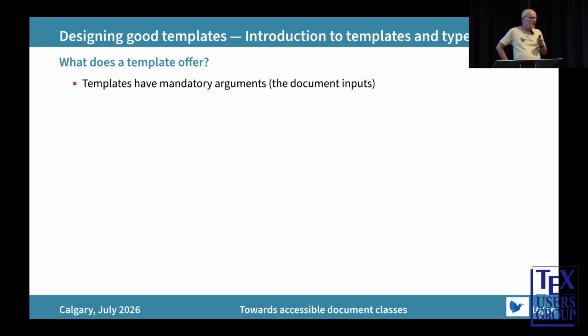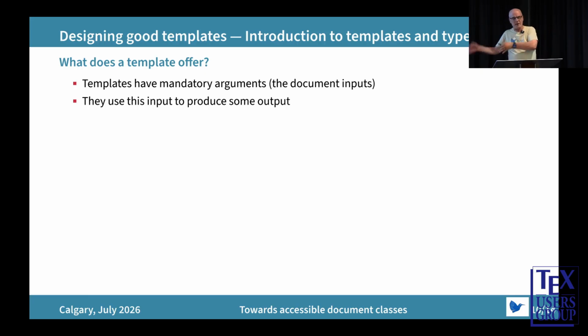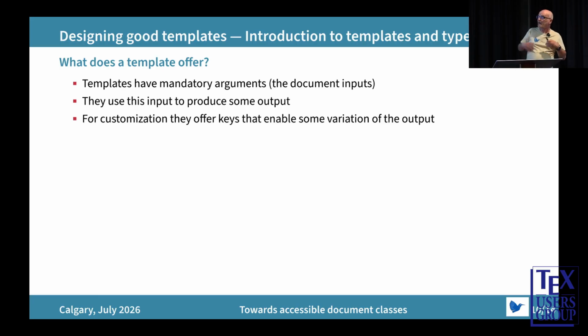Templates have mandatory arguments. Those are the inputs coming from the document. Then we have the goal to take these inputs and turn them into some output. And to customize the output, a template has keys that you can put values to customize the layout. That's basically the idea of a template. And we have what we call template types.